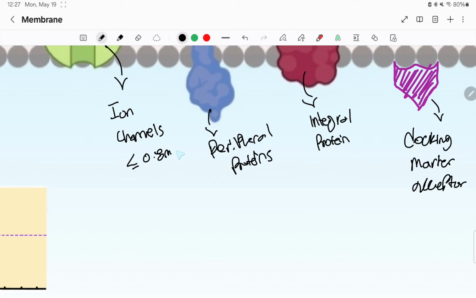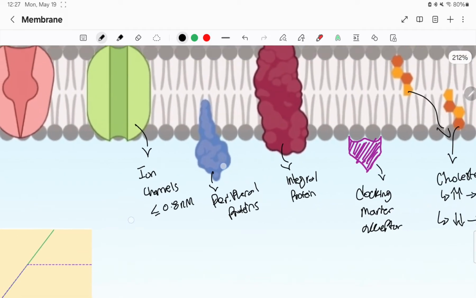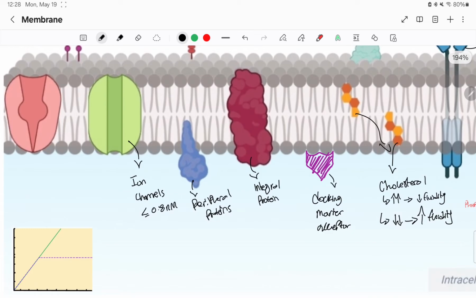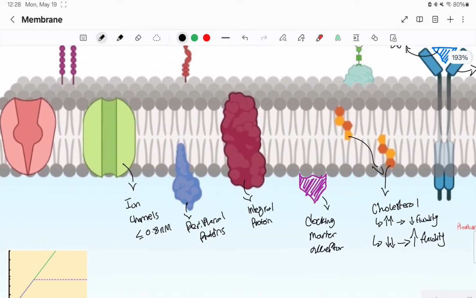They mostly allow small water-soluble molecules, mainly ions, to come in. So again, things like sodium that are normally in a high concentration outside of the cell will come in through this actual water-filled pore or channel.